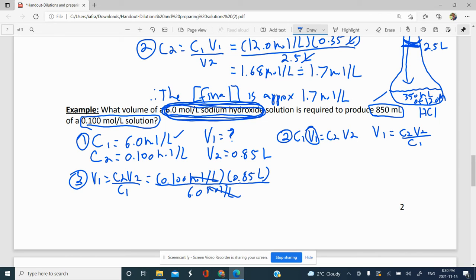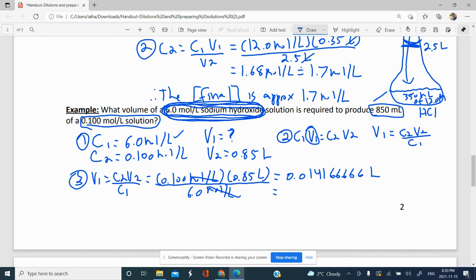Cancel the moles per liter, and you're left with liters. And so we have 0.1 times 0.85 divided by 6. And we get 0.014166666 liters. You could also write this in terms of milliliters.